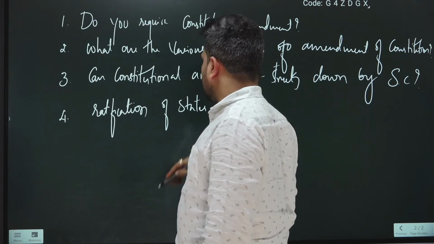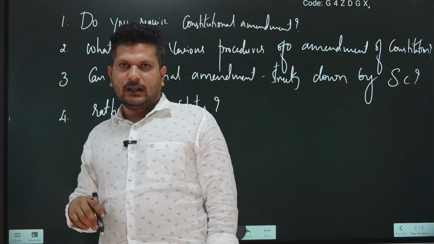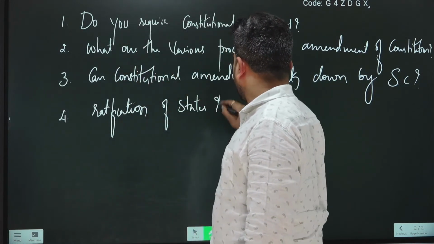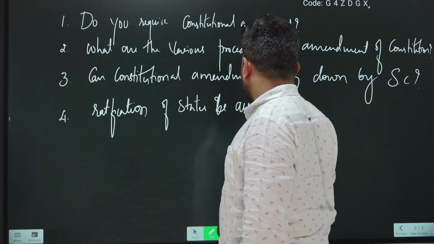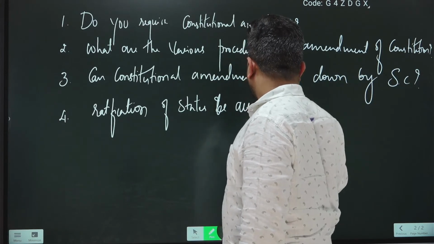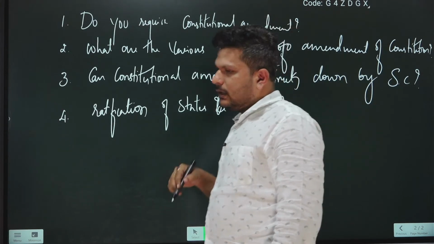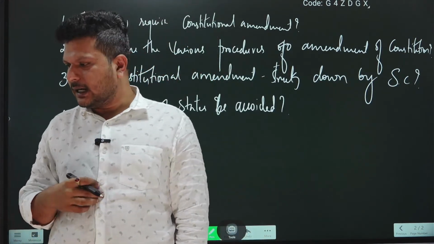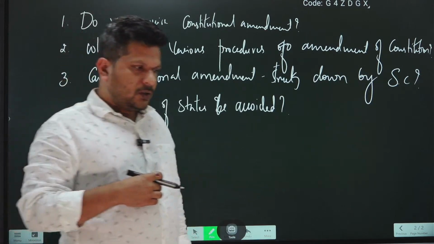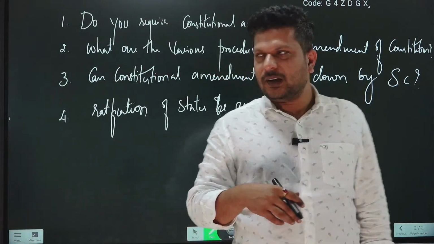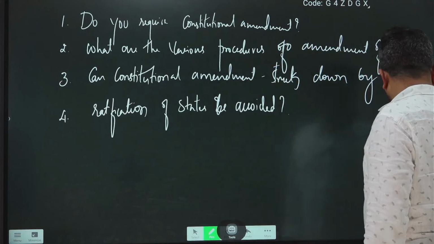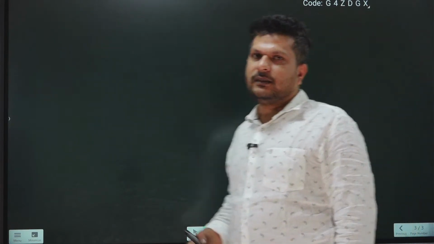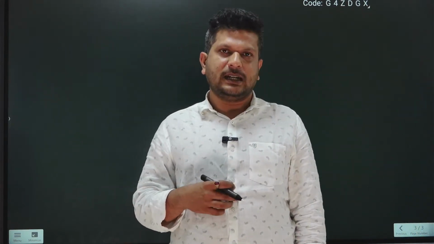So can this ratification of states be avoided? Without ratification of states, can we bring in the required amendments in the constitution to conduct simultaneous elections in the country? So these are the four questions which we will be discussing in detail with respect to the debate on simultaneous elections.